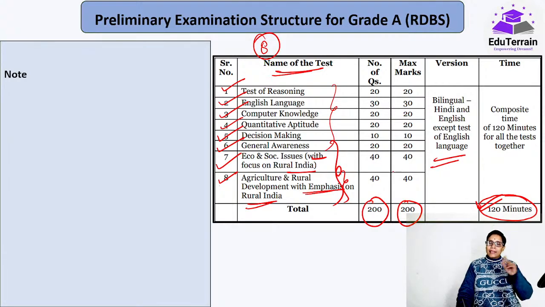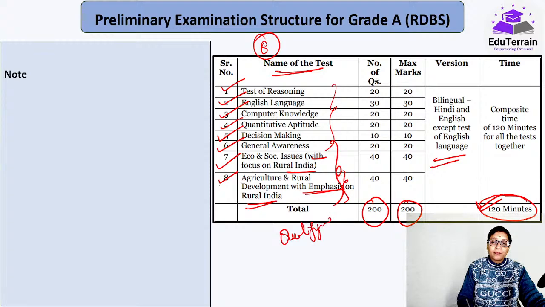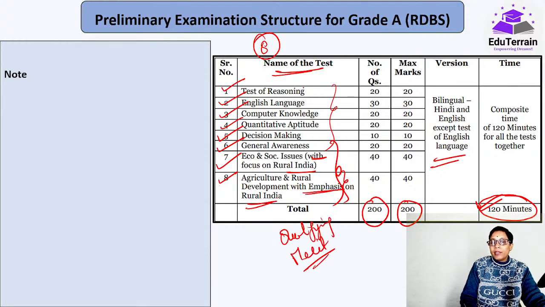Okay, and the second important point: when we talk about this preliminary examination, as I've said earlier also, we have qualifying subjects and merit sections, 2 sections. So here these 5, test of reasoning, English, computers, quants, decision making, these 5 are qualifying in nature.